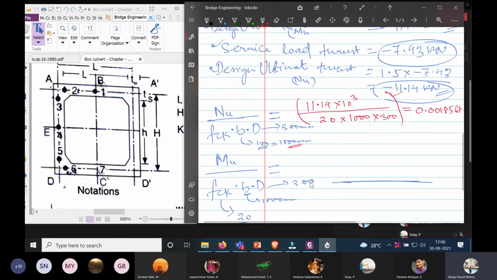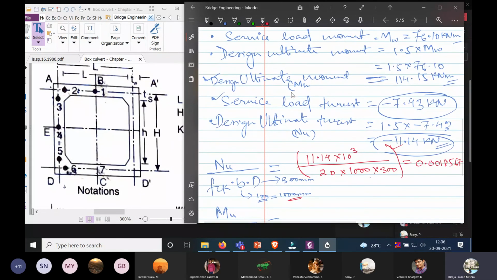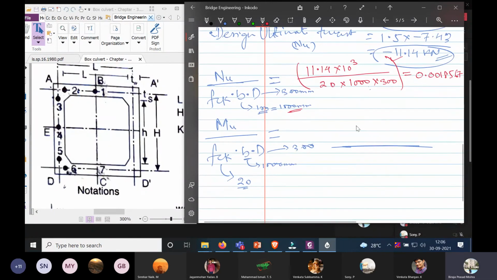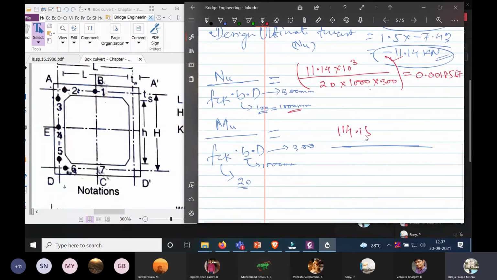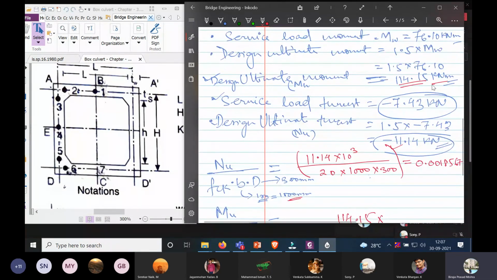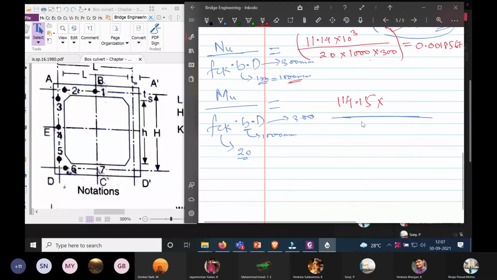Now the next value, the design ultimate moment is 114.15 into, and since this is in kilonewton meter, so into 10 to the power 6, divided by 20 into 1000 into 300.